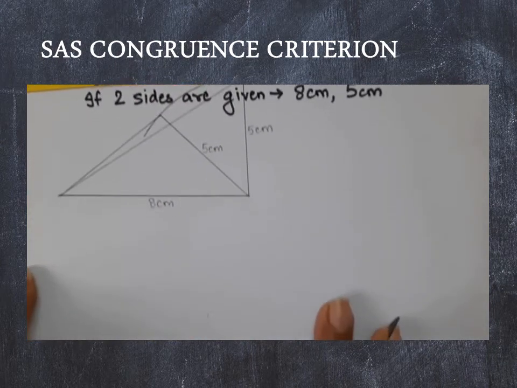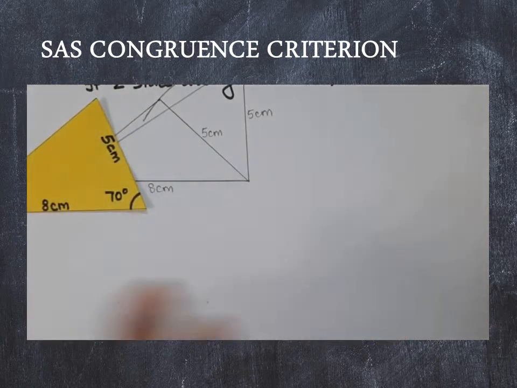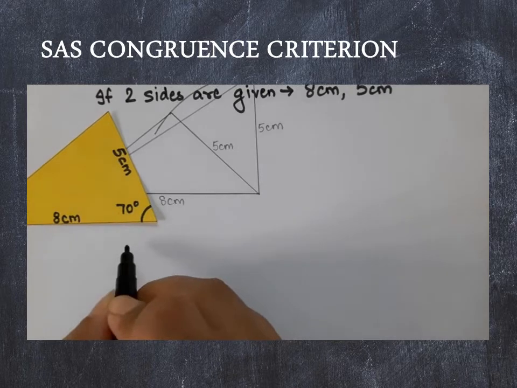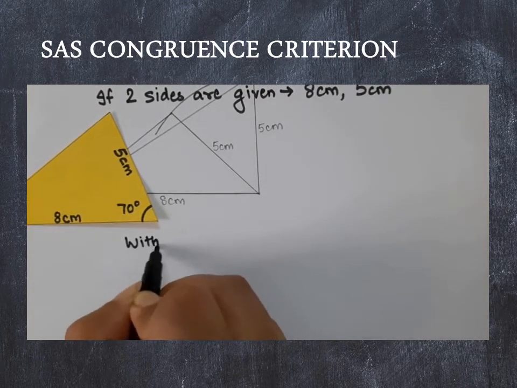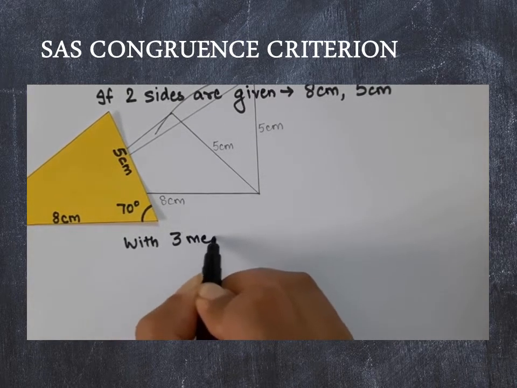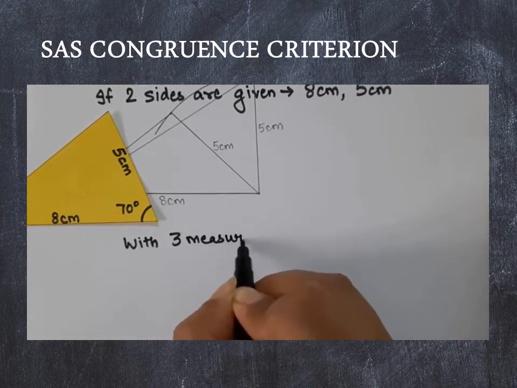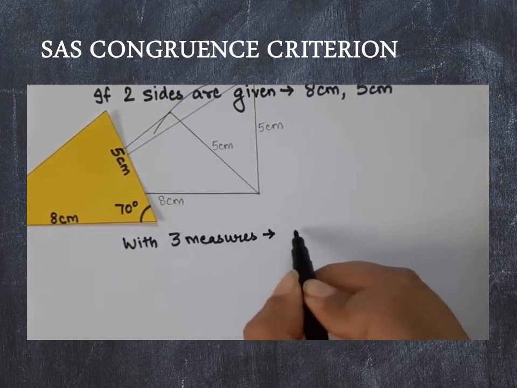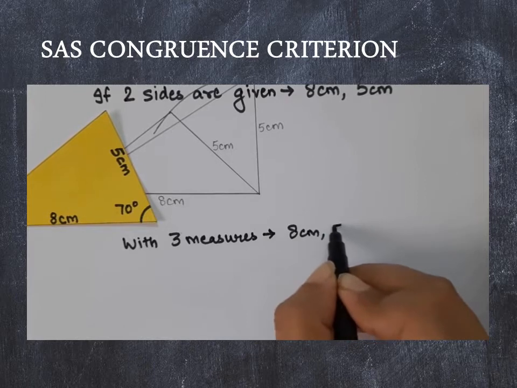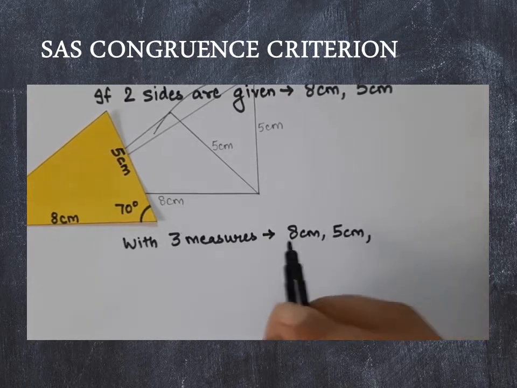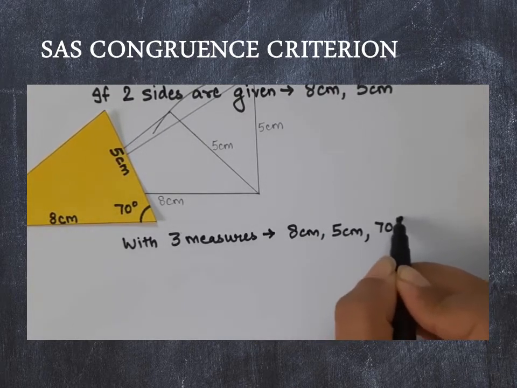Now let us try the third case, in which the sides are also fixed and the angles are also fixed. So with the three given measures, and what are the three measures? The two sides and the angle included between them. It's 8 centimeter, 5 centimeter, and the angle included between them is 70 degree.